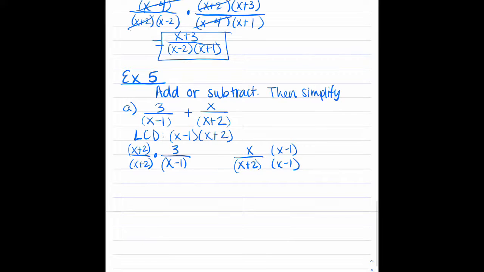So our new fractions look like this: 3 times x plus 2 over that denominator, and x times x minus 1 over that denominator.